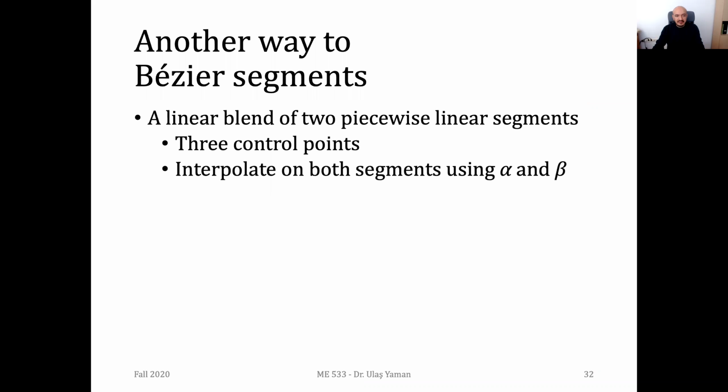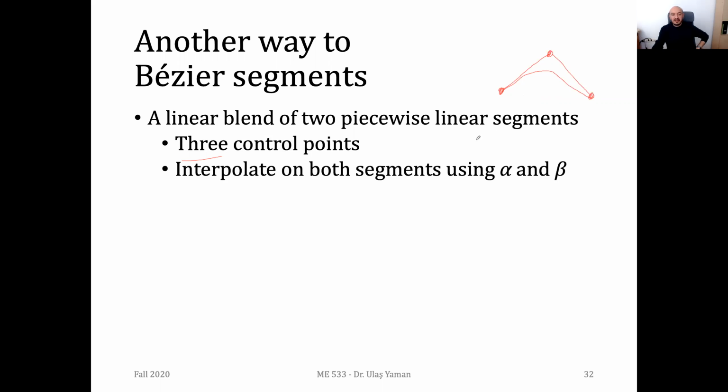Now let's have a look at the quadratic case. This time, we will have 2 piecewise linear segments, which means that we will have 3 control points, and we want to obtain a quadratic curve by using these control points. For instance, that might be the result.